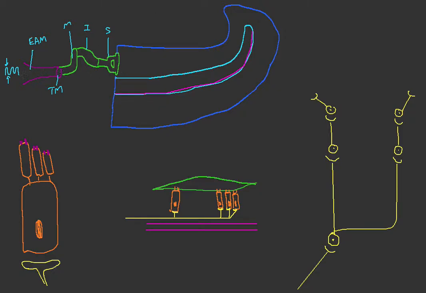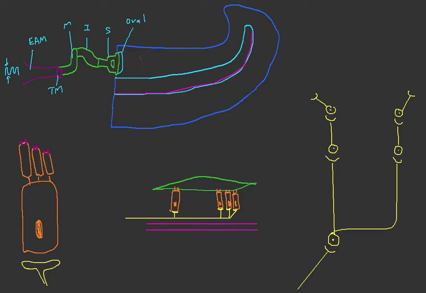So when the sound reaches the tympanic membrane, it'll activate this lever system of the middle ear bones, and then the stapes will contact the oval window, which is a membrane on this part of the cochlea, which is this whole sort of snail-shaped apparatus.